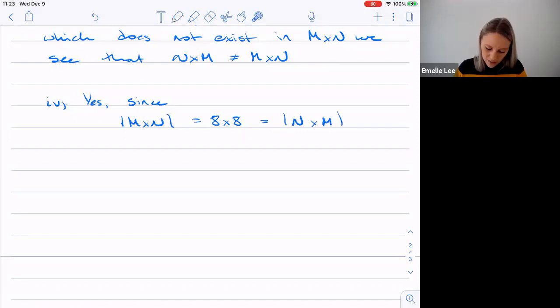Right, so I've got this go-between where they're both equal to 8 by 8, and then I'm able to say, well, can't remember what that law is called, but probably something like transitivity. So if M by N is equal to N by M through this 8 by 8, then they're the same. Yeah, exactly.